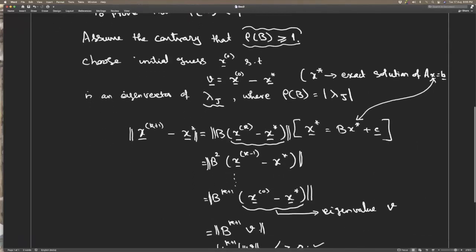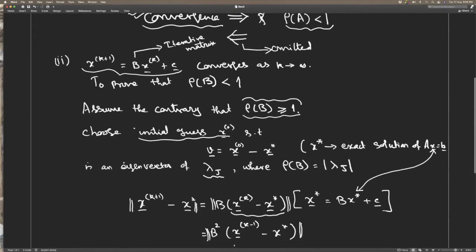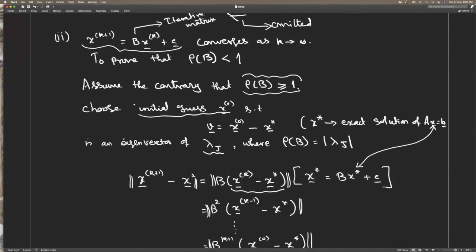Then in particular, we chose an initial guess like this, so that x0 minus x star is an eigenvector. Remember, once again, the statement says that the sequence converges for every initial guess. Even if it doesn't converge for one initial guess, you are contradicting your assumption.